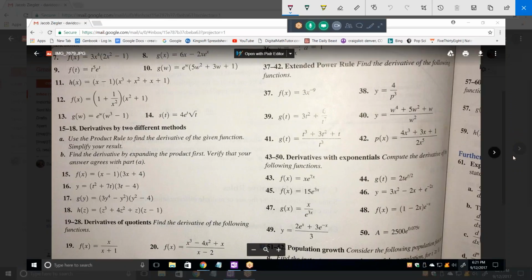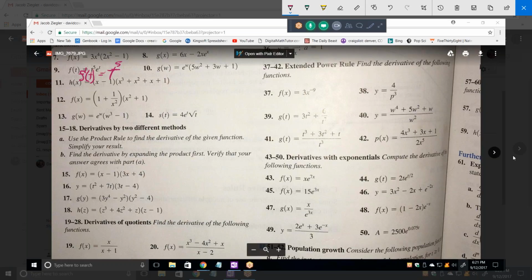What rule are we going to use on number 9? Product rule again. Okay. So what's f prime of t? It would be t to the 5th power times, would it be the natural log of... No. Doesn't matter whether it's e to the x or e to the t or e to the r.